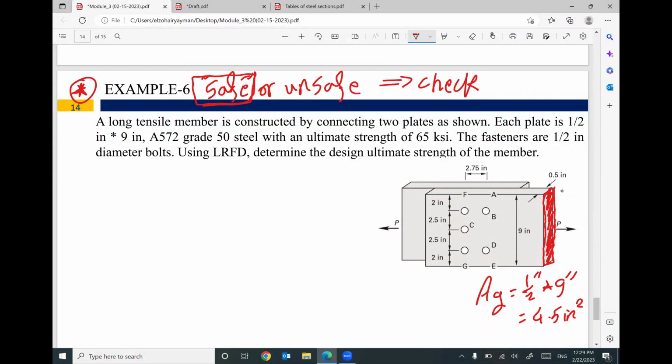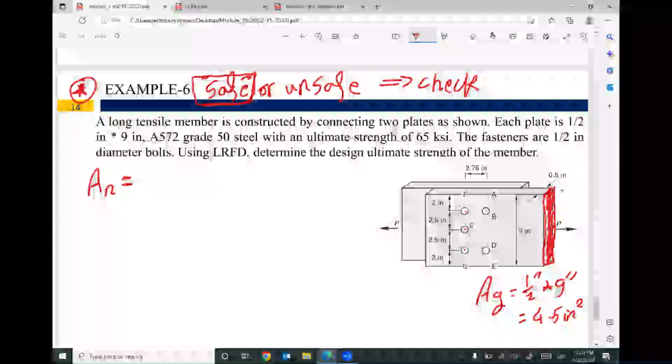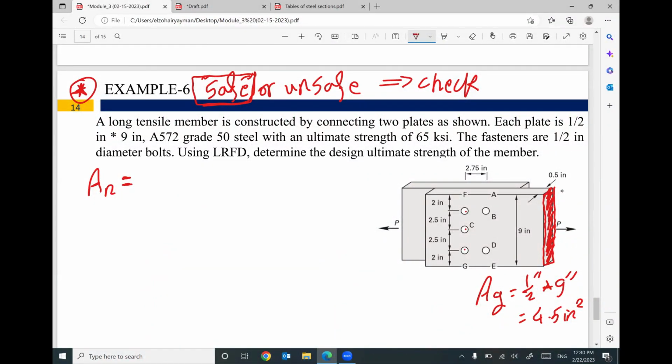If you would like to figure out the area net, you need to figure out first, before starting, don't read anything from your problem, because we'll not say this information. Do you think this arrangement is staggered or parallel? What do you think? I need an answer.